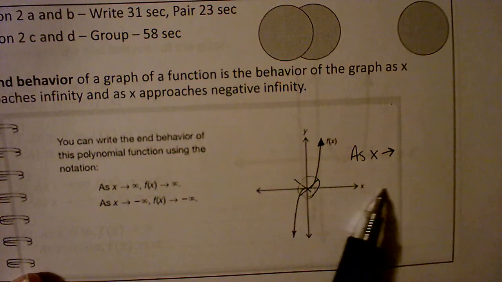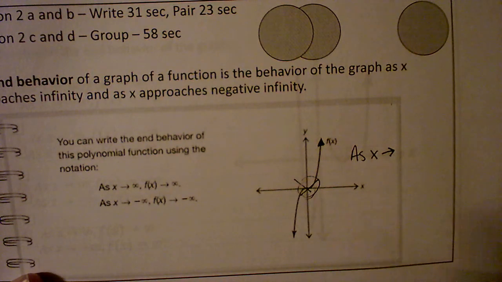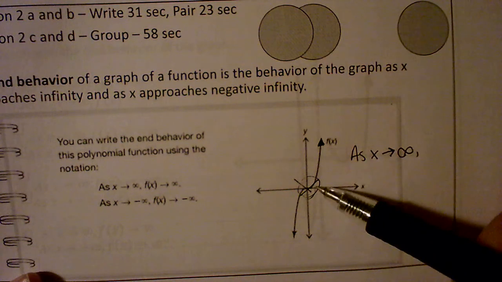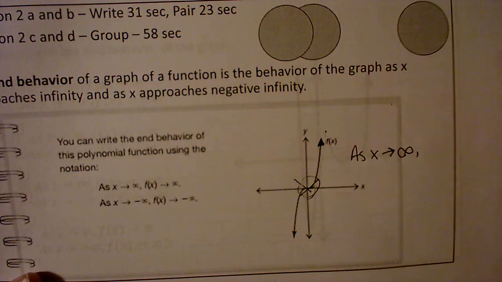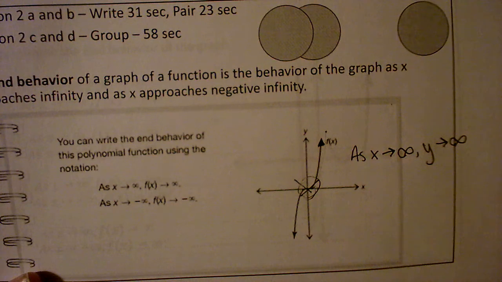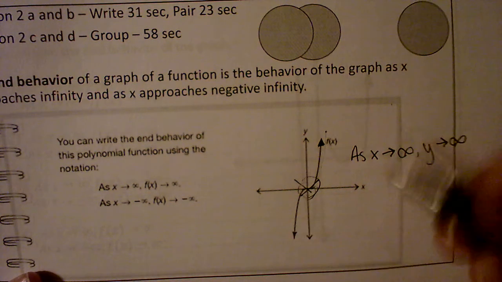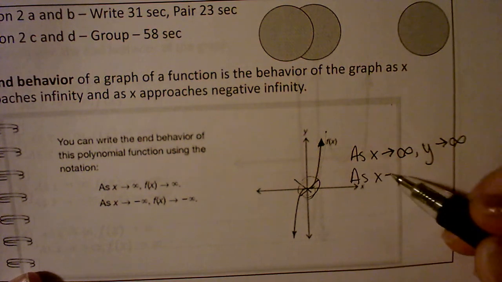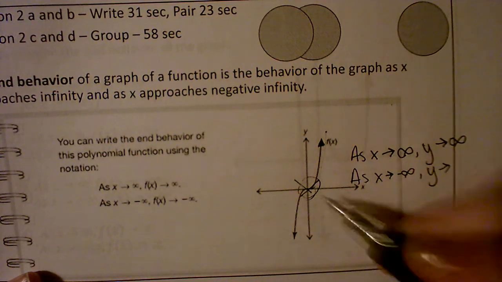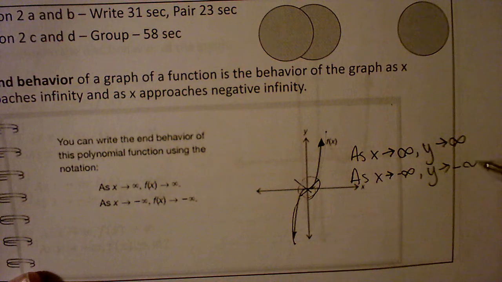So as we go to the right, that's getting bigger numbers. So as we approach infinity, it looks like our graph is going up. That means that y is also approaching infinity. The second half of that is for this direction. As x approaches negative infinity, y is also going down, so it's approaching negative infinity.